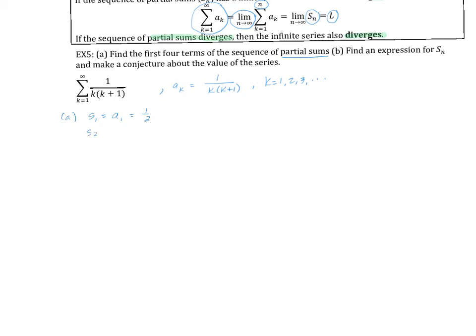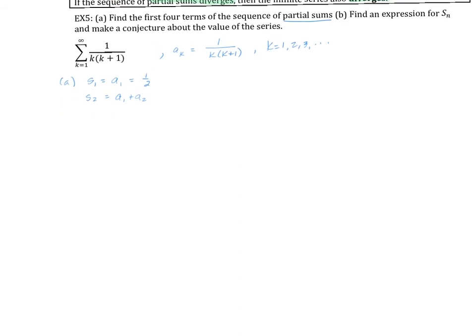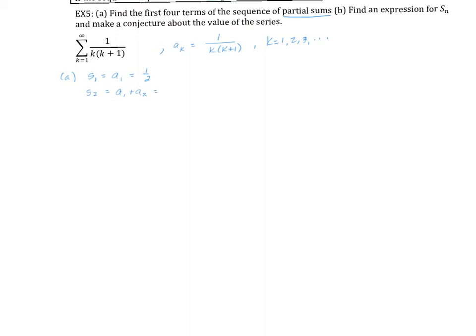S sub 2 is going to be A sub 1 plus A sub 2, which is 1/2. Now if k is equal to 2, it's 1 over 2 times 3, or 1/6. So it's 1/2 plus 1/6, which would be 4 over 6. And I'm going to reduce that to 2/3.